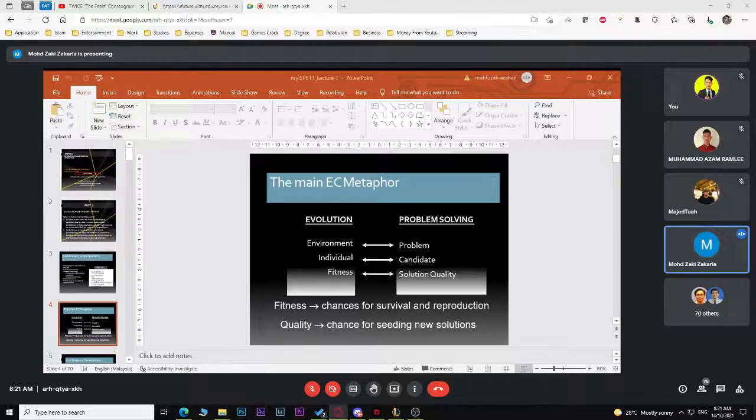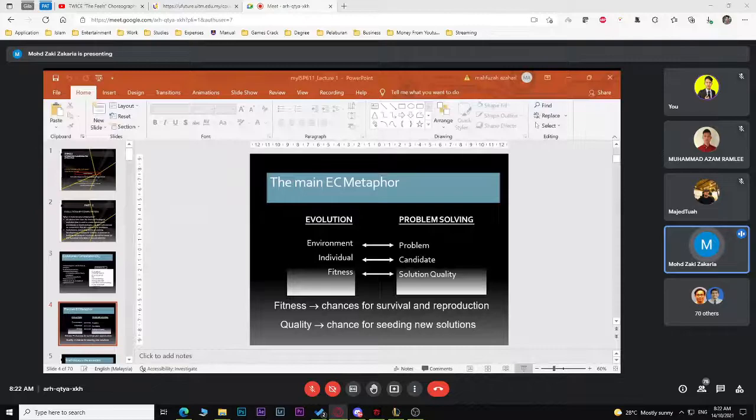The fitness is the chance for survival and reproduction, and quality is the chance for seeding a new solution. Every candidate has a different quality. Candidate number 1 maybe has quality 80%, candidate number 2 maybe 90%, candidate number 3 maybe 50%.